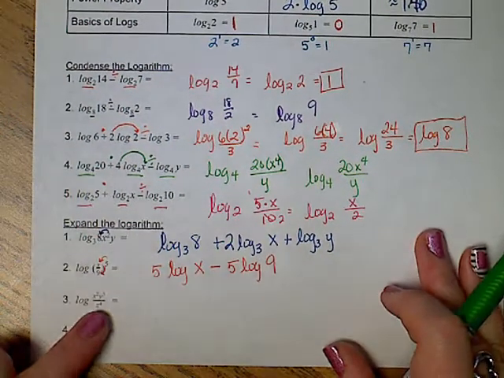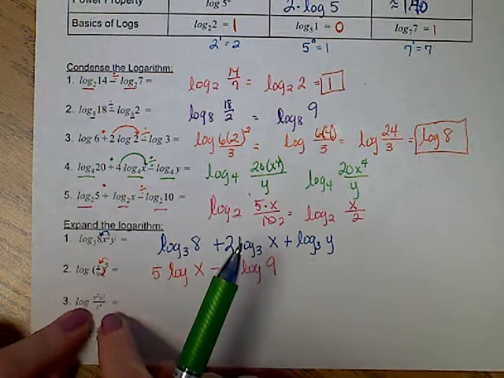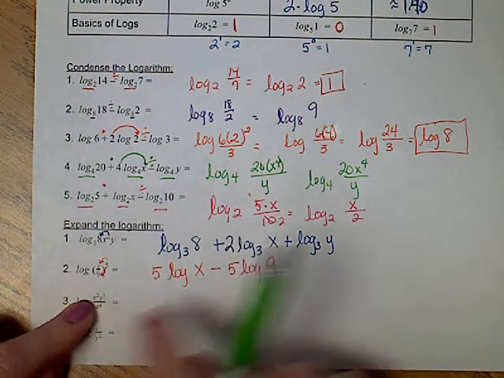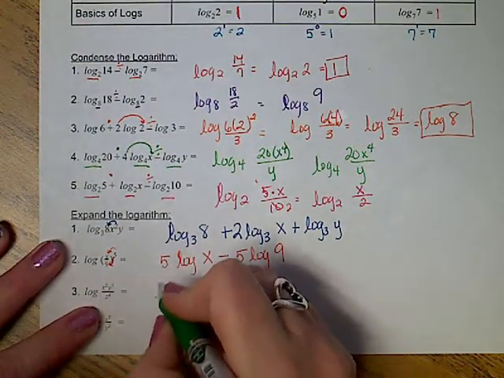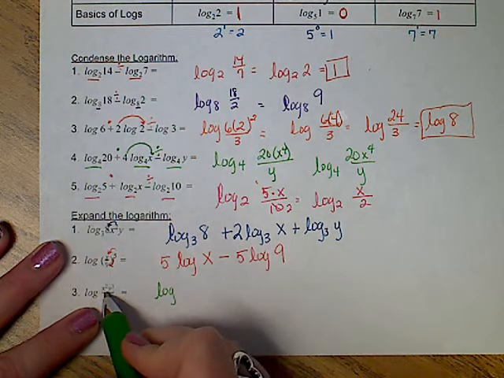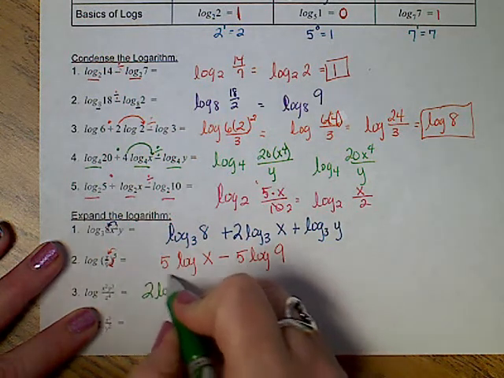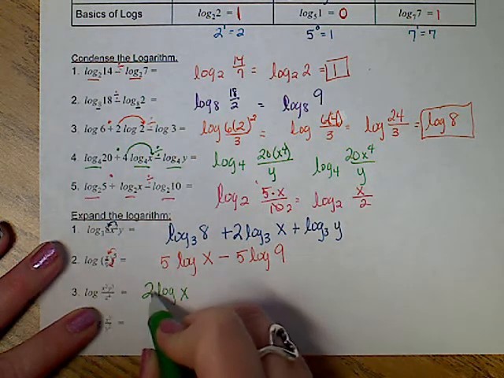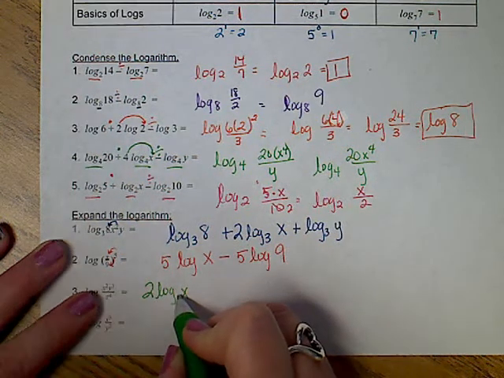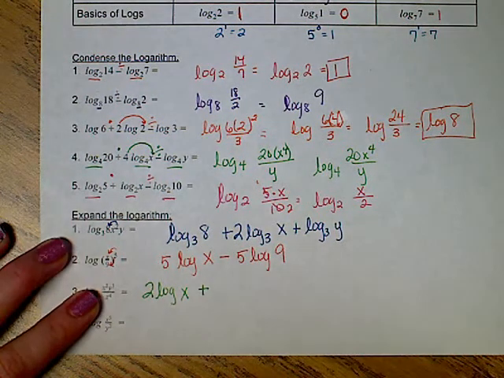Number 3, we've got some multiplying up here, which means addition, and we've got exponents, which means they have to come out front. So we're starting with log, except we are working on x squared, so don't forget to bring your squared out front. So log of x squared, I got 2 log x. We're going to multiply, so that means addition.